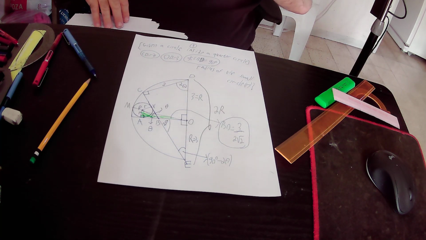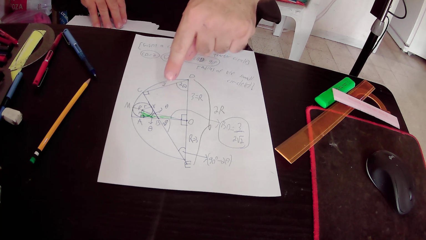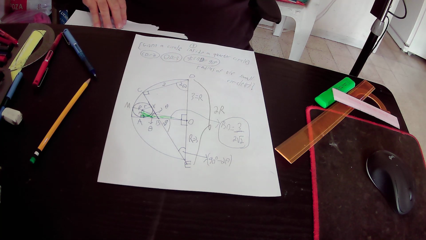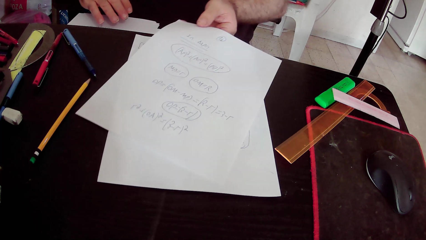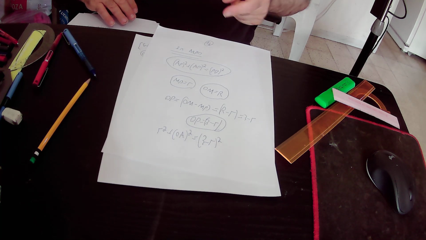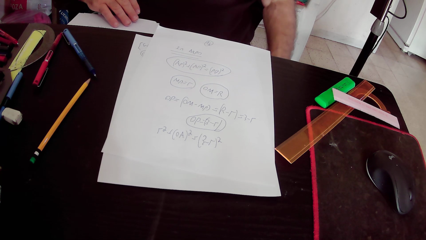And in the right triangle APO, we know that the square of the hypotenuse equals the sum of the squares of the perpendicular sides. That is to say, AP square plus AO square equals PO square.